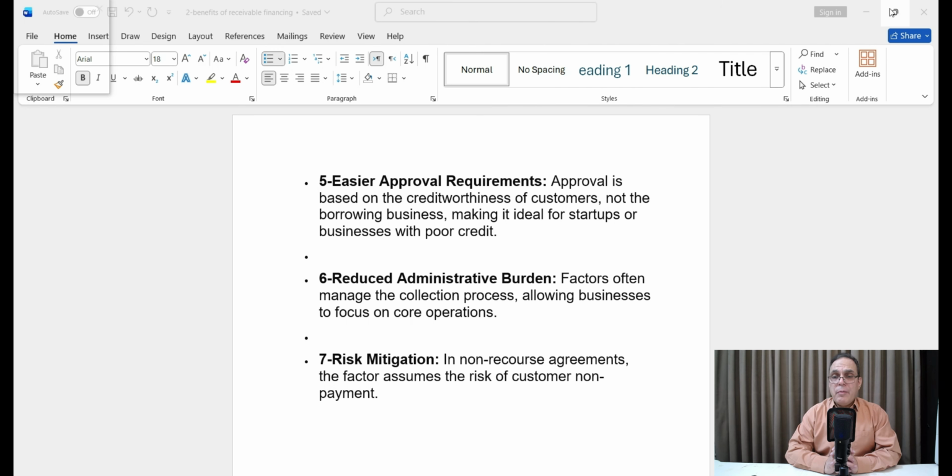Reduced administrative burden. Factors often manage the collection process, allowing businesses to focus on core operations. 6. Risk mitigation. In non-recourse agreements, the factor assumes the risk of customer non-payment.